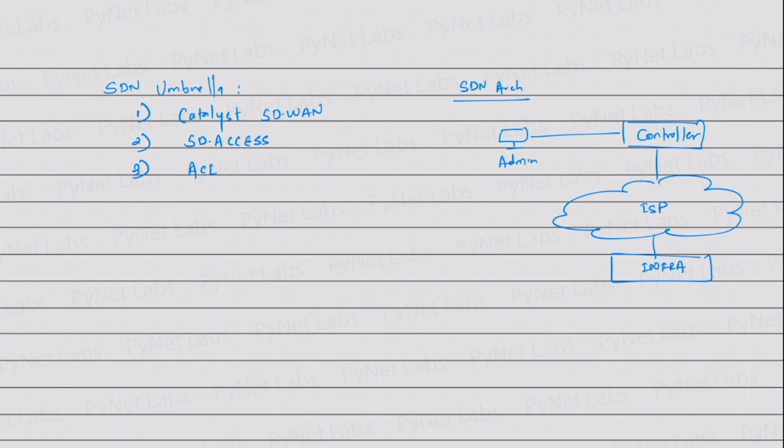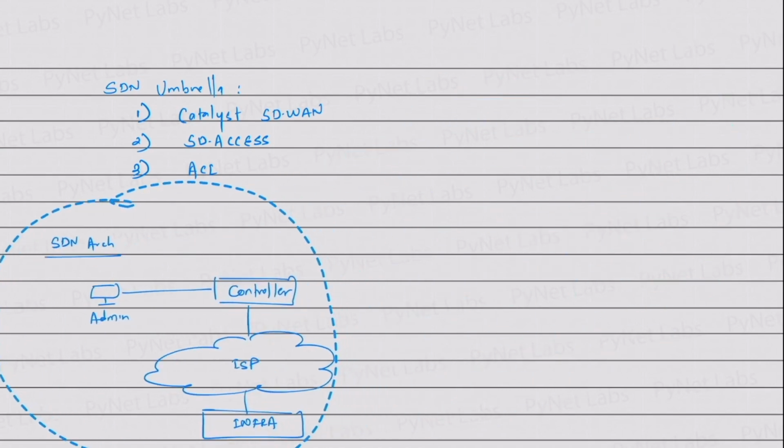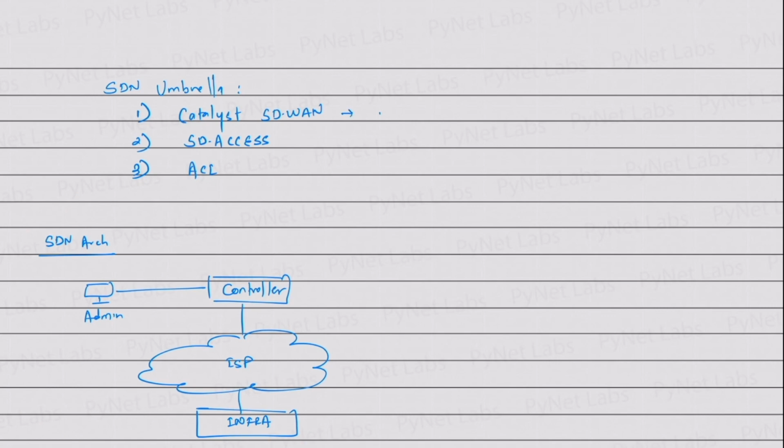SD-WAN allows you to manage all WAN edge devices of your infrastructure. SD Access allows you to manage all campus network devices. And ACI allows you to manage all the Nexus 9K switches in the infrastructure.